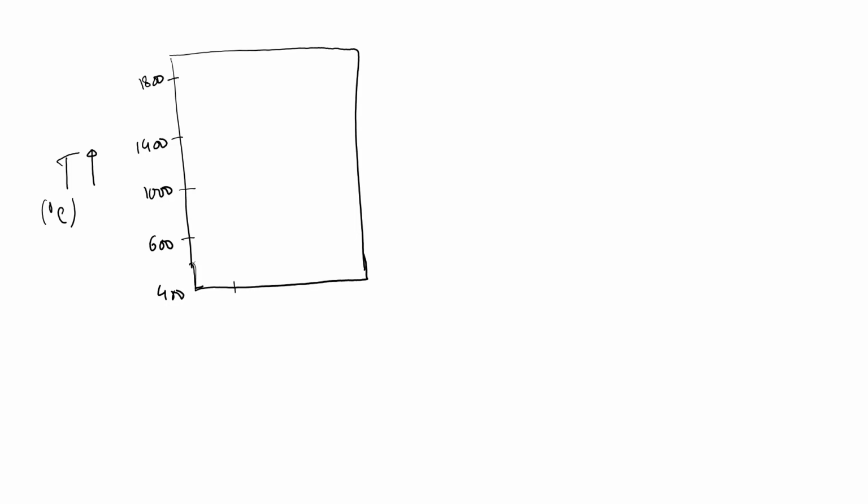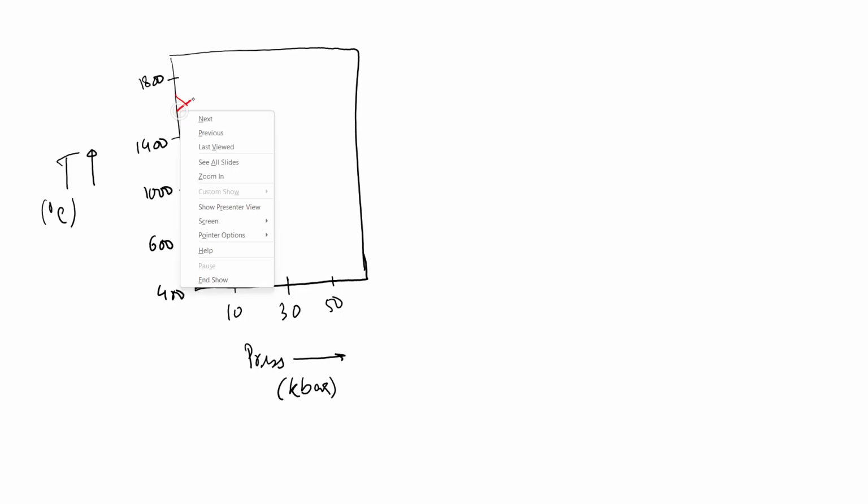And the pressure on the x-axis, in kilobar: 10 kilobar, 30 kilobar, 50 kilobar. So in this case, at temperatures of almost more than 1000 degrees Celsius, we have a small field over here at this temperature and pressure.